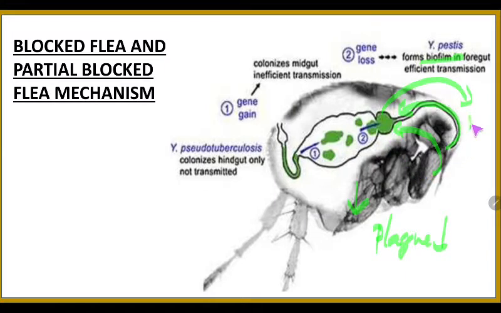So it has an increased risk of spreading the plague. This is all about blocked flea and partial flea mechanism, which is most important. And one important thing is, in case of Yersinia pseudotuberculosis, it colonizes in the hind gut, so it is not transmitted by the blood meal.